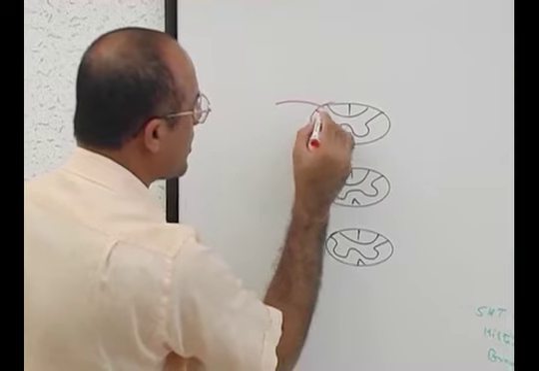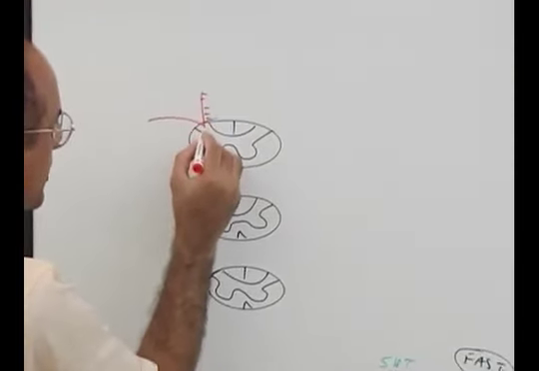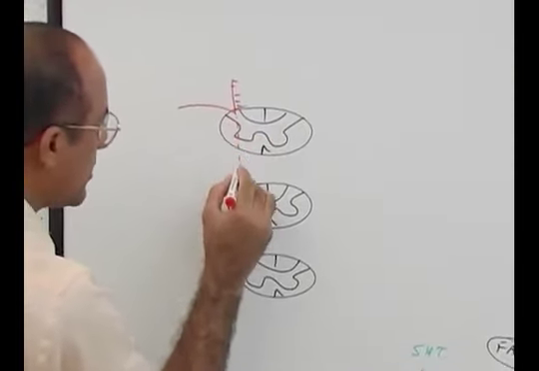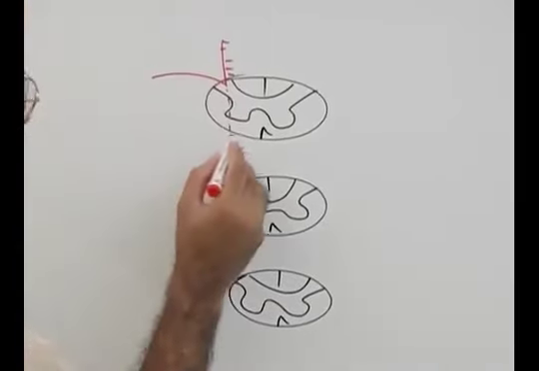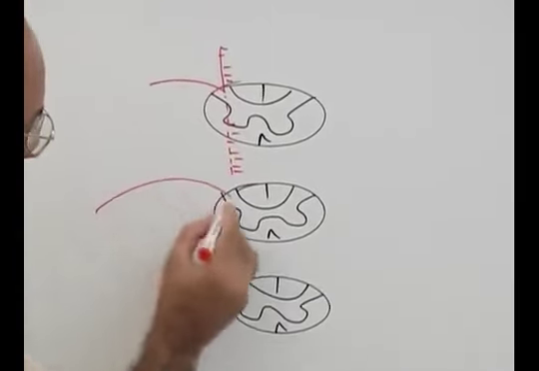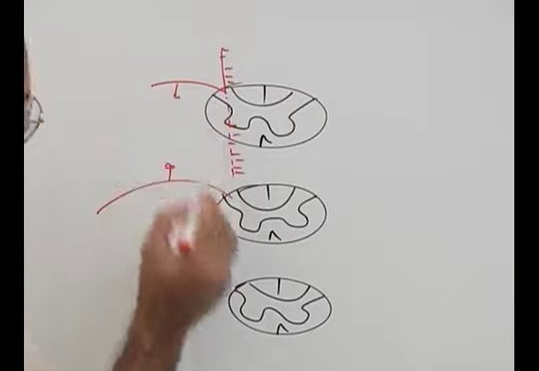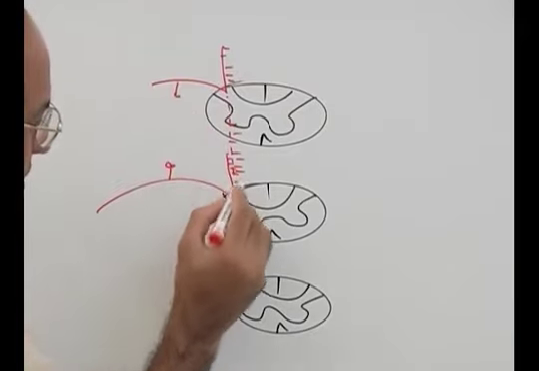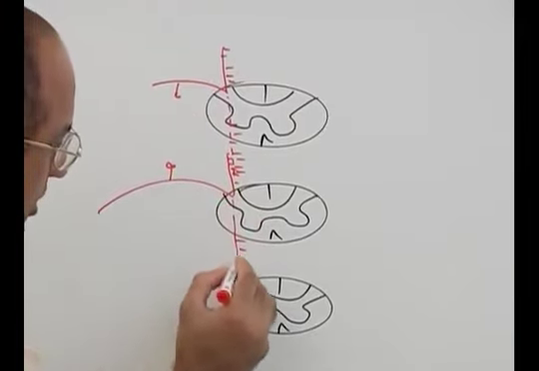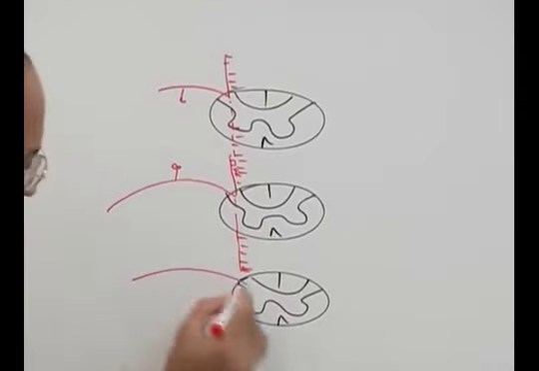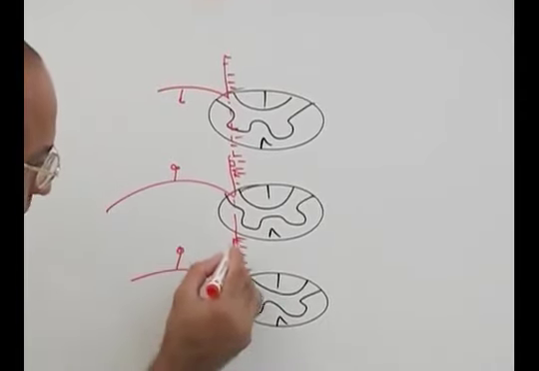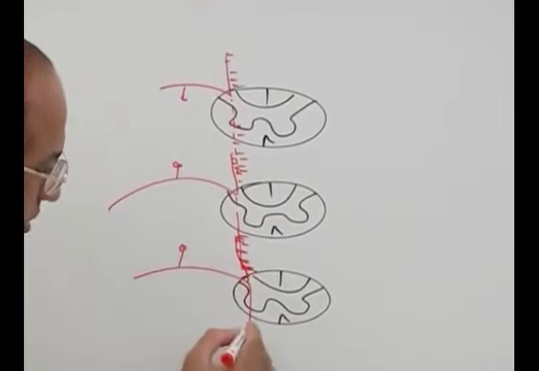When this comes, it makes some connections upward and some connections downward. Then the fiber from lower level comes, this also makes some connections upward and some connections downward. Then the fiber from this level, again ascending branch and descending branch.